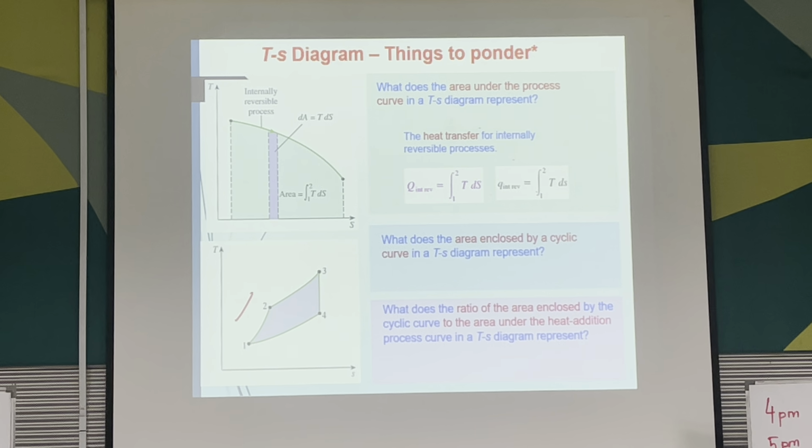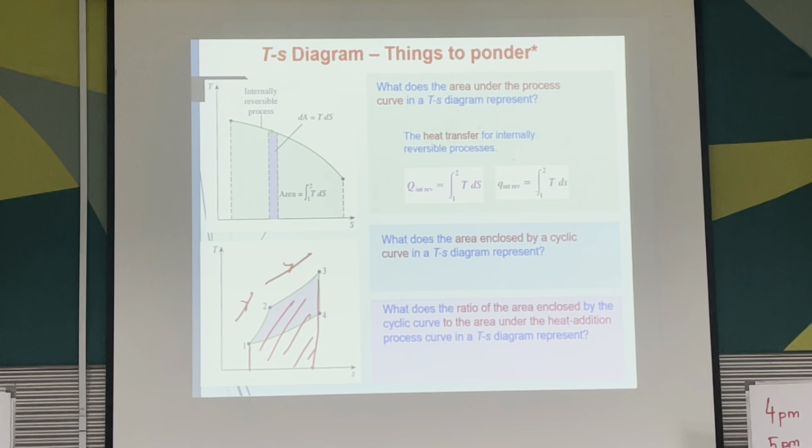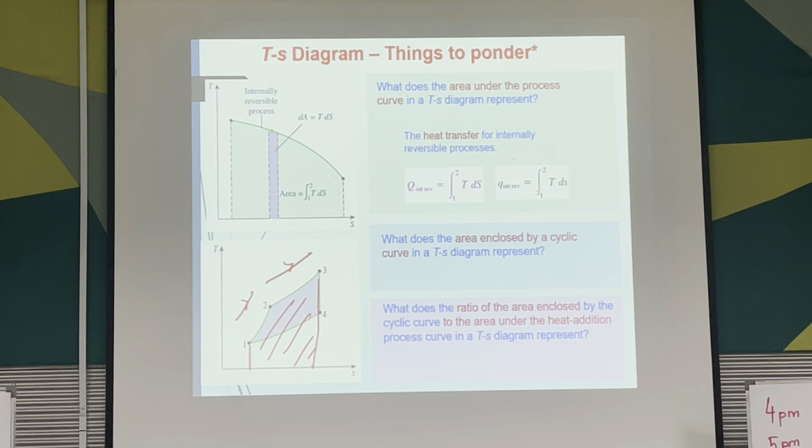What will cause it to change from 1 to 2 and 2 to 3? Or more rather, what is the area under the graph from 1 to 3 represent? Heat gain, right? That's why entropy increases from 1 to 2 to 2 to 3. Temperature and entropy increases, so it's Q in.